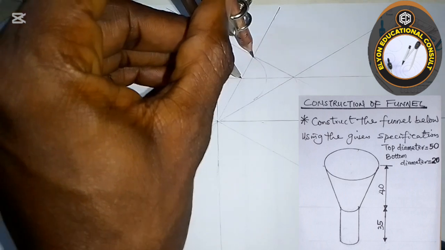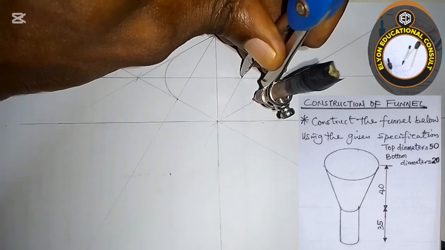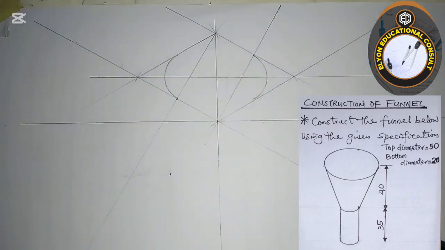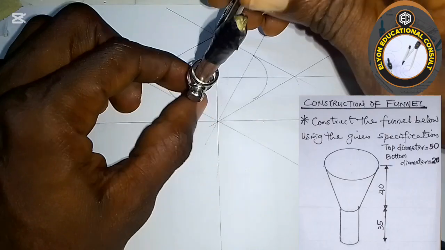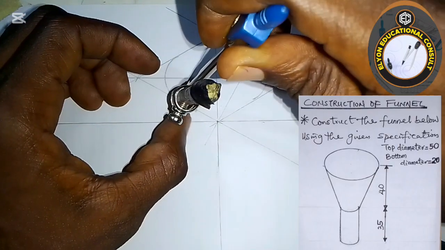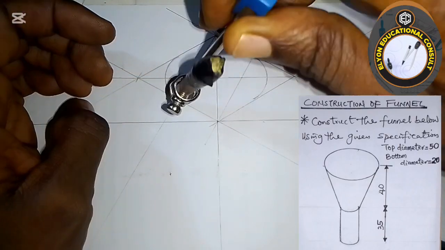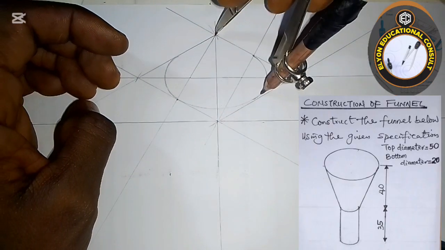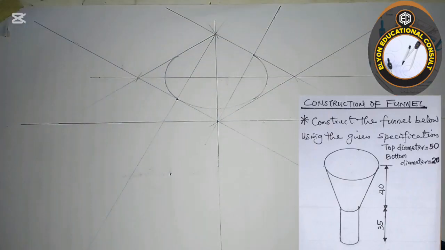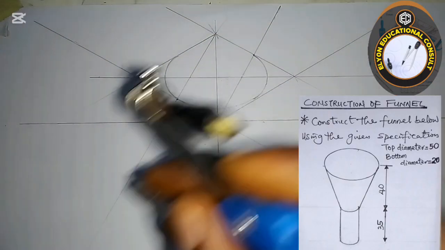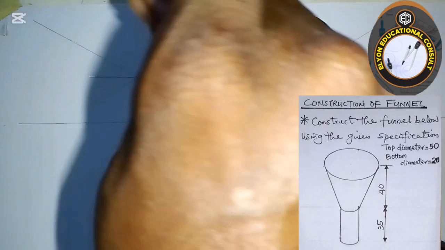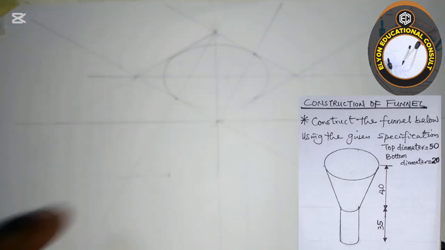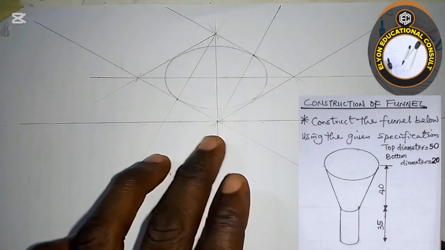So it's going to connect this way. You can see where it touches that. Then the next one, place at this top now, stretch to this part, which is going to connect with this. You have that. Then move to this side now, from this top, with the same compass radius. Then you have this. So this is my isometric circle.